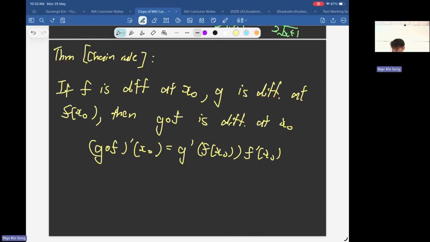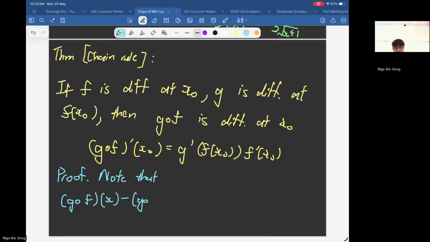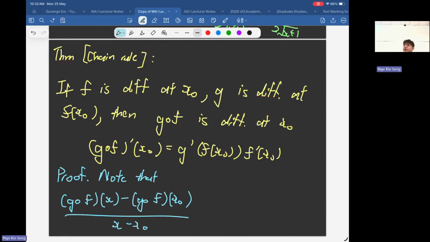So what do you do? For derivative, you straight away go to see the gradient of your secant. So let's consider the limit of this guy. One advantage of this theorem is it tells you the form that you're going to get.